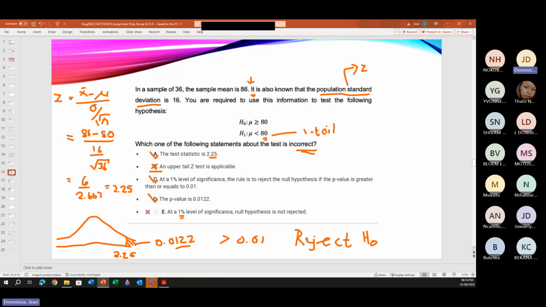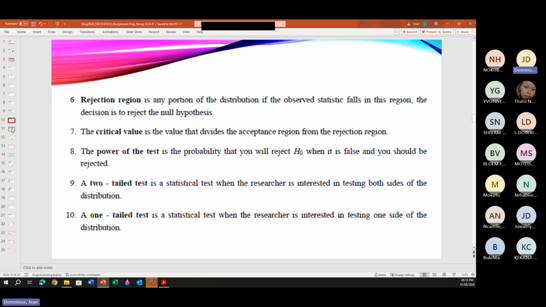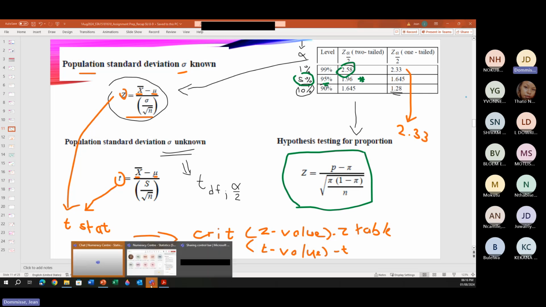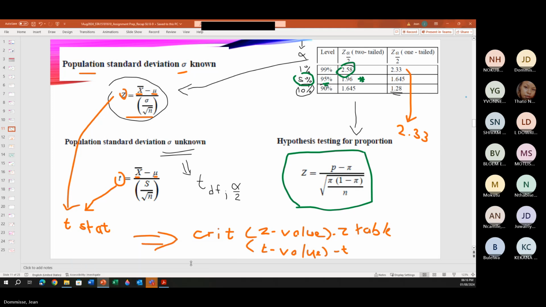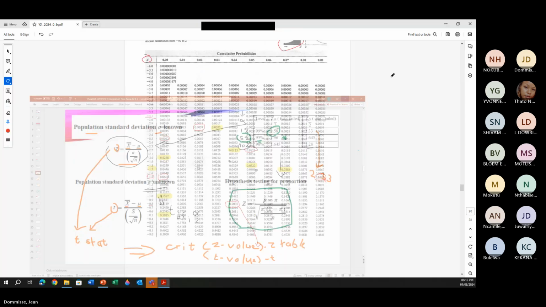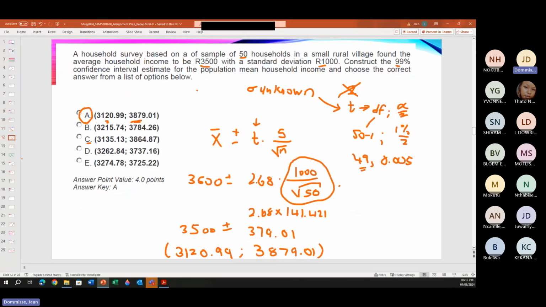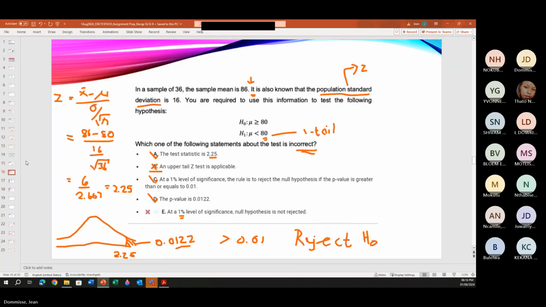So let's go to our table. Oh, where's our table? One tail, 1%, 2,33. Sorry, I have it in my slide pack. Okay, 2,33.